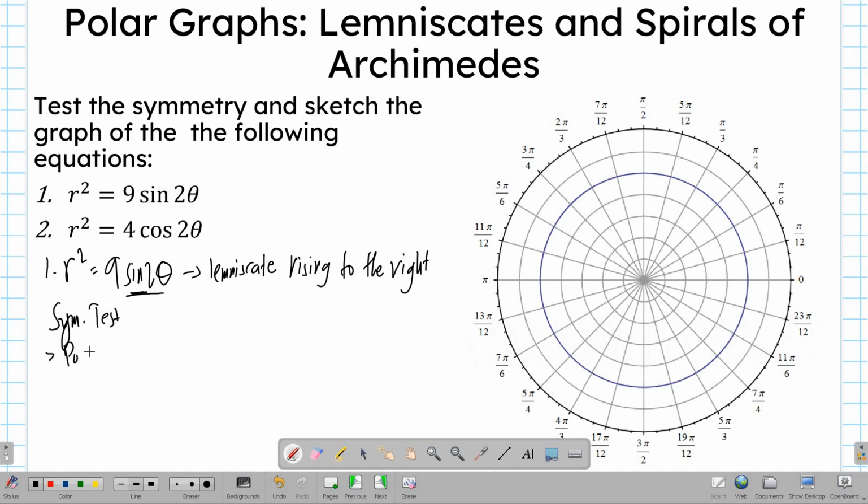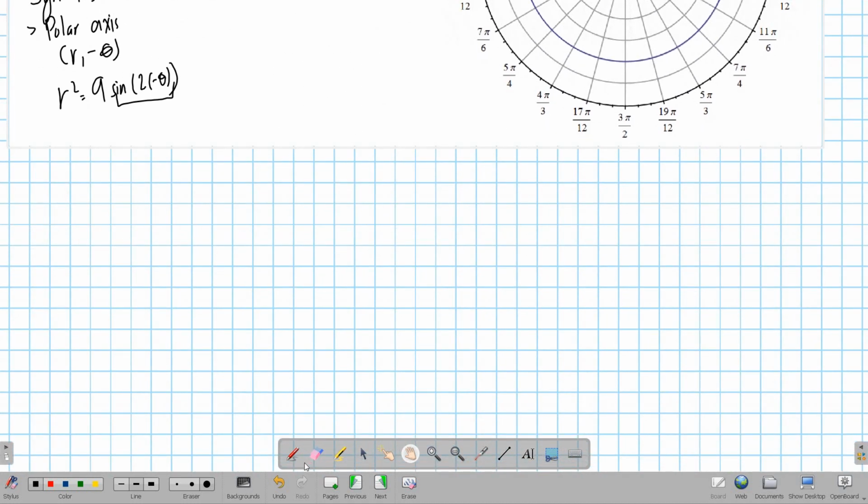For the polar axis, we again start with r, negative theta. It will be relatively easy. So that's r squared is equal to 9 sine 2 times negative theta, and we know that since that is sine of negative theta, let's move that up.